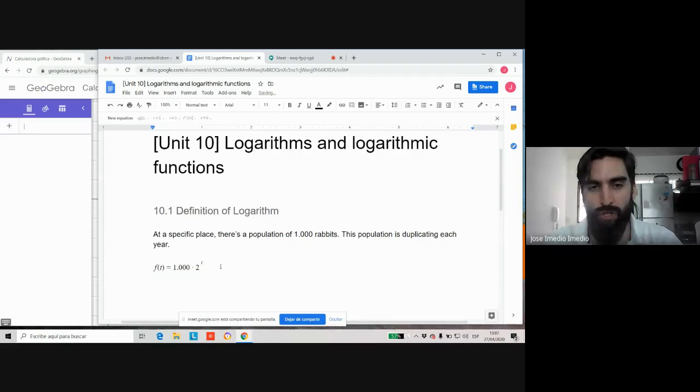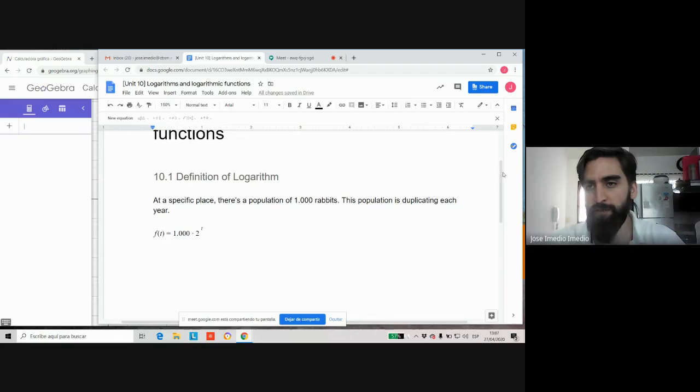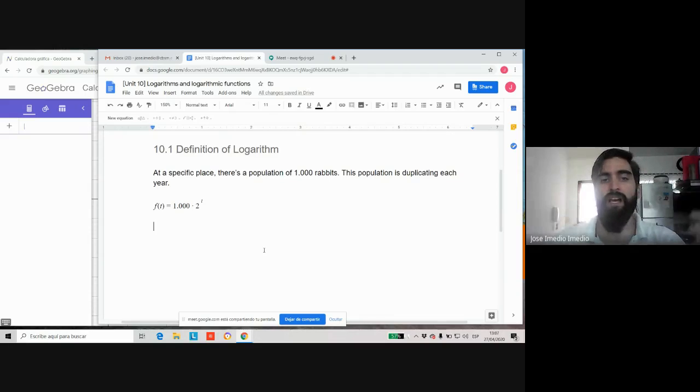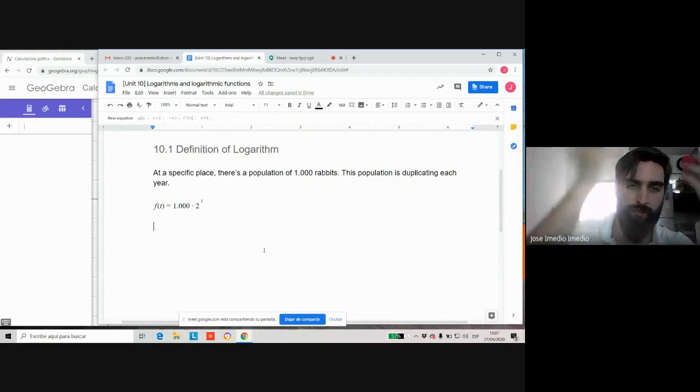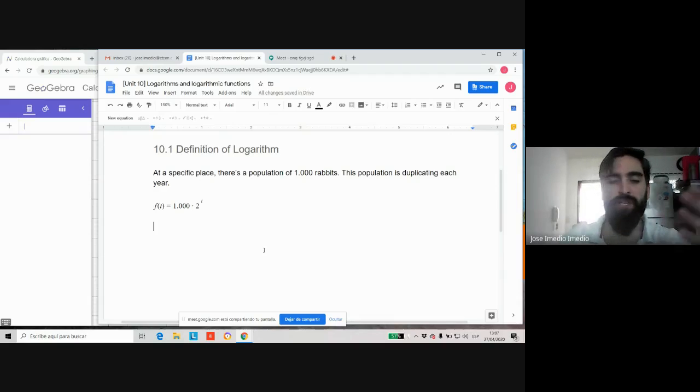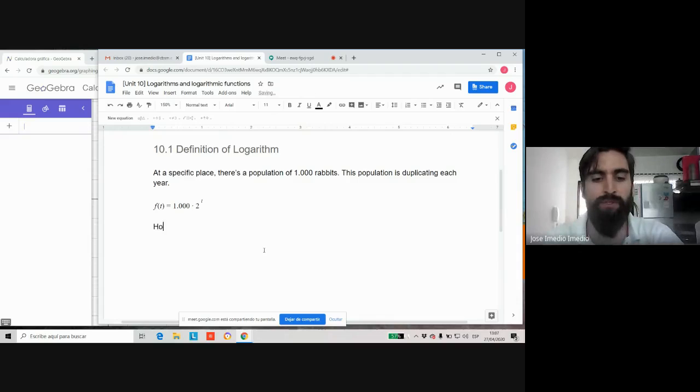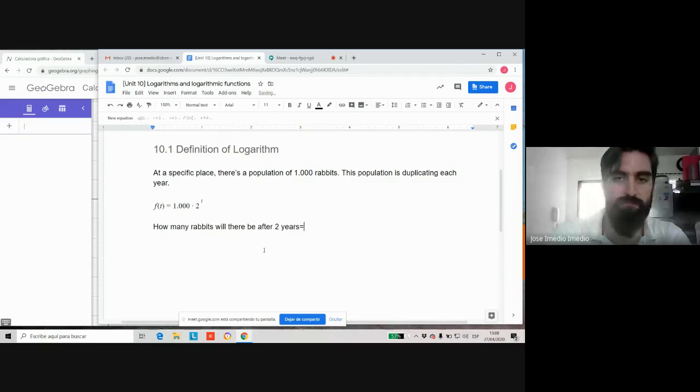Now let's say, like the kind of question you got in the previous unit about exponential functions: how many rabbits will there be after 2 years?